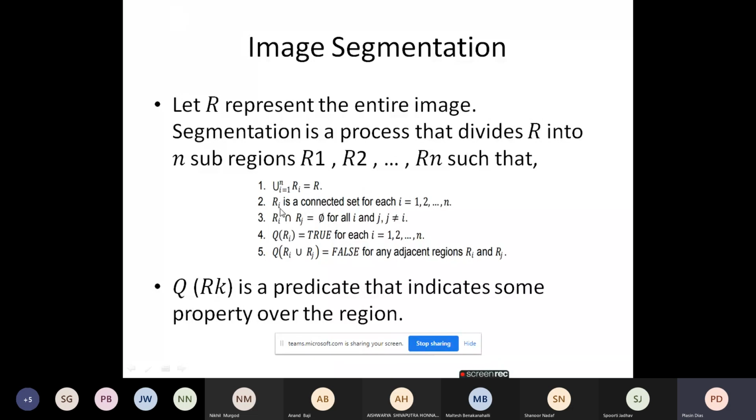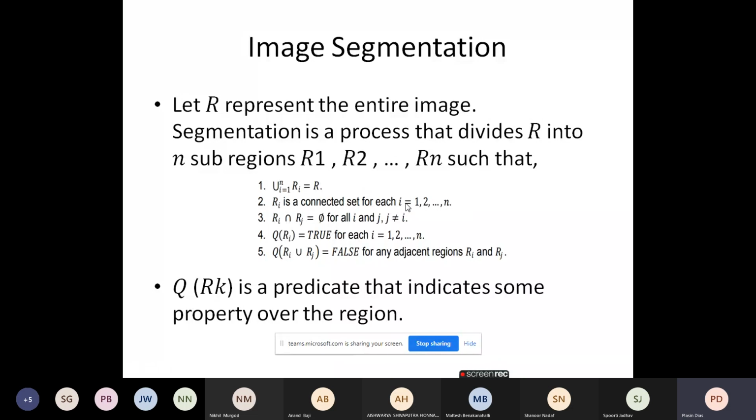Second thing is Ri is a connected set. I hope you remember what we mean by a connected component, a connected set related to a pixel or point. So Ri is a connected set for each i ranging from 1 to n, or you can start from 0 if you are starting with i equal to 0.